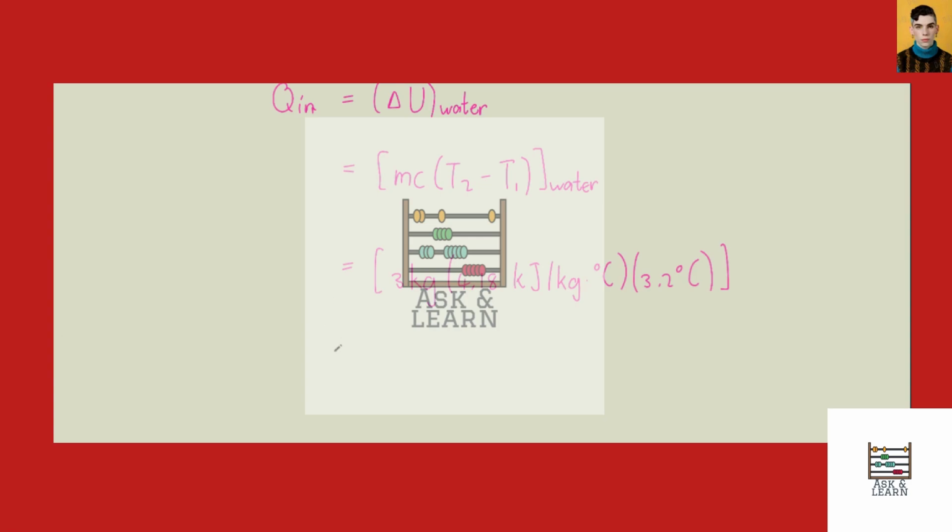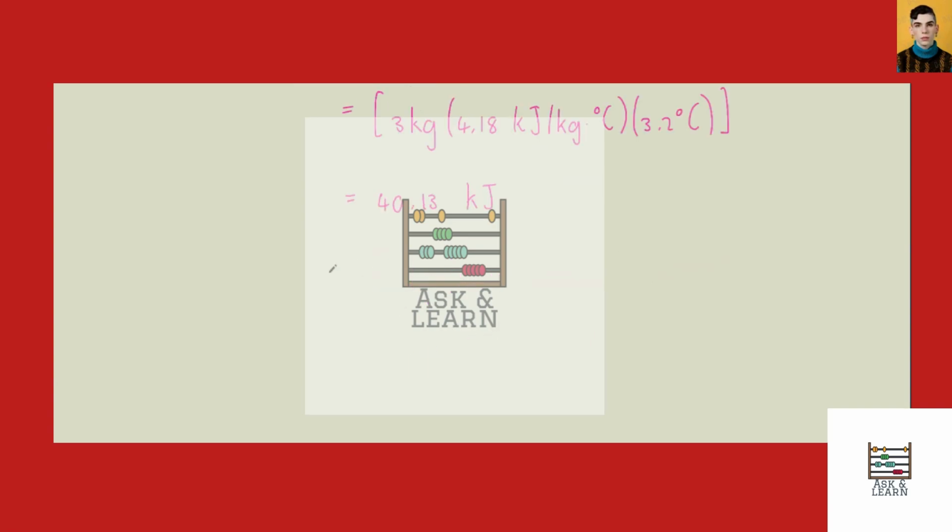And so we get the heat energy into the system for the 2-gram sample to be 40.13 kilojoules. But remember, that's for a 2-gram sample.